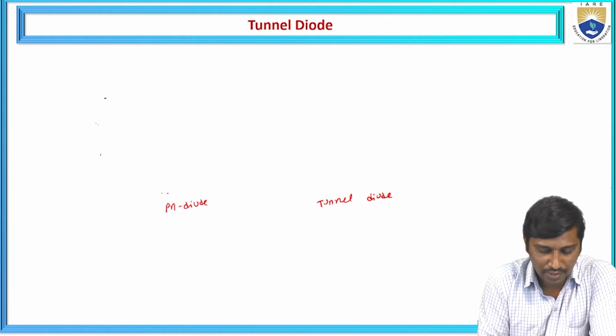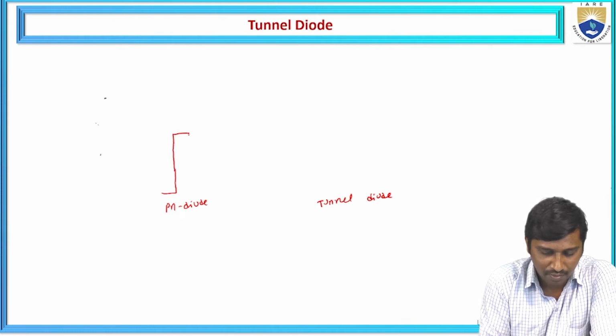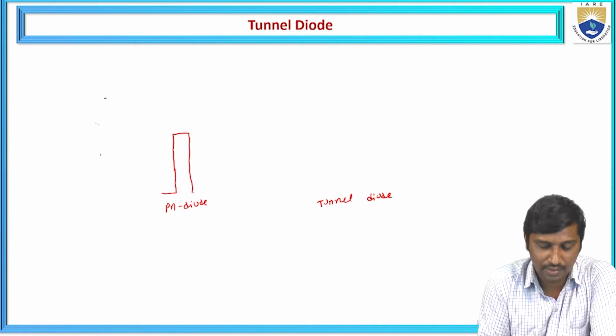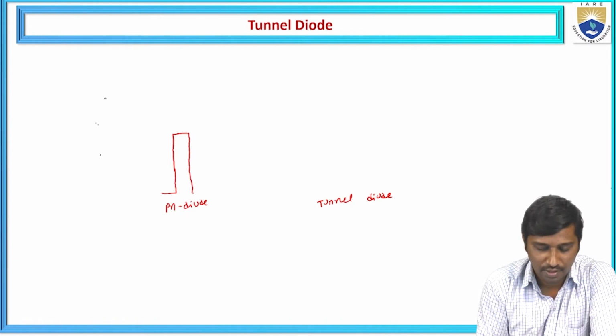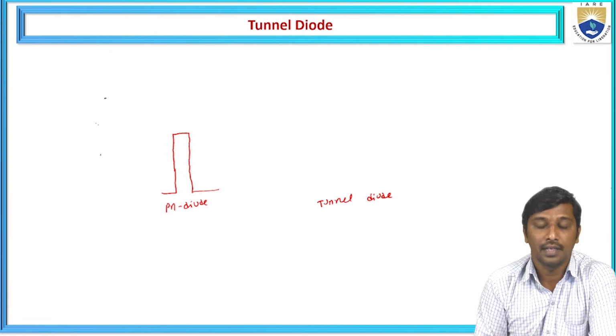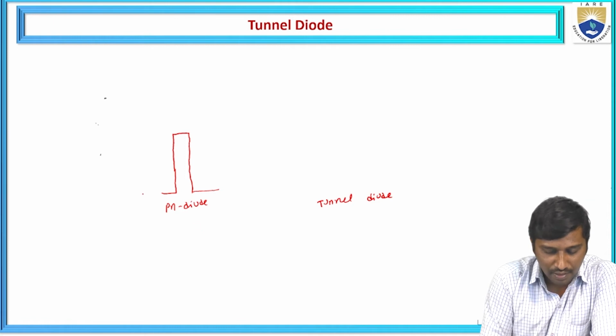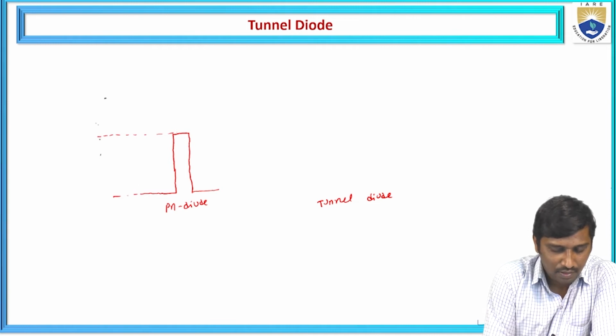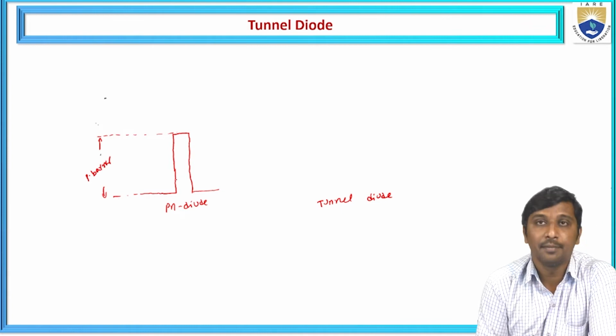And here, this is the potential barrier formed at the junction of a P-type material and N-type material. Let us consider this is the height of the potential barrier, and this is the depletion width.